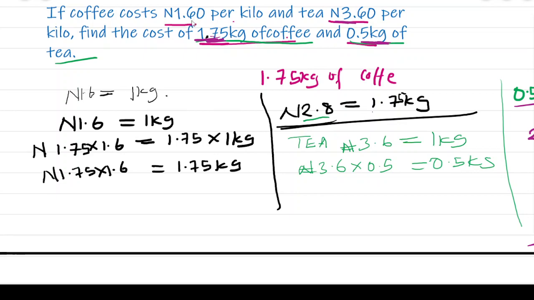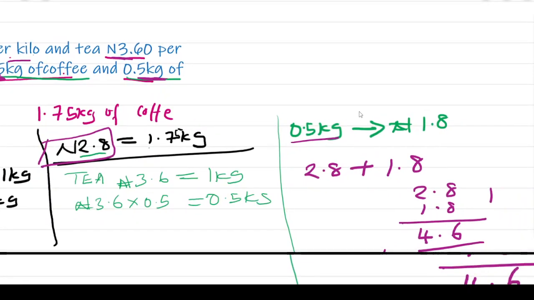Since 1.6 naira equals 1 kilogram of coffee, and we needed the cost of 1.75 kilogram, we multiply both sides by 1.75, and we get 2.8 naira. We did the same thing for the tea to get 1.8 naira, and upon adding our results, we got the value we needed. So that is all for this particular problem.